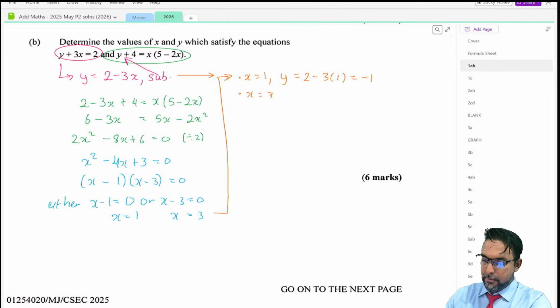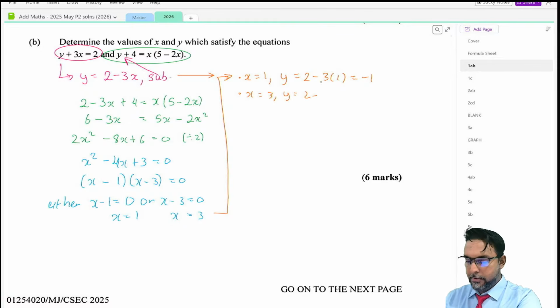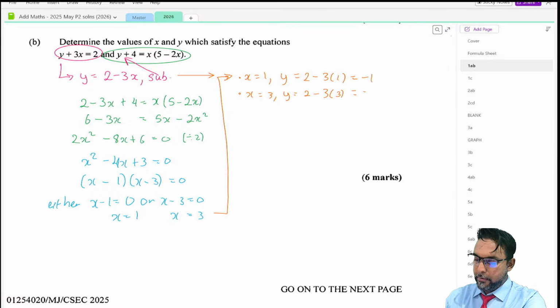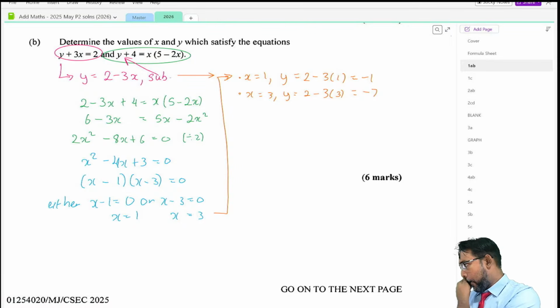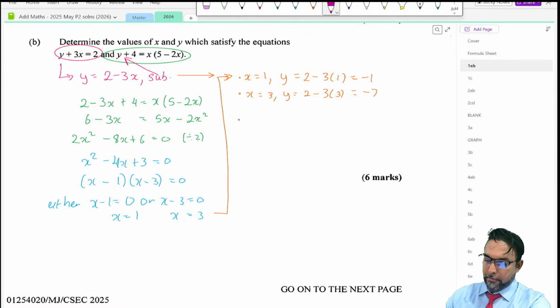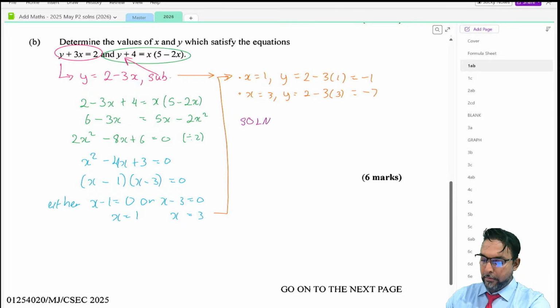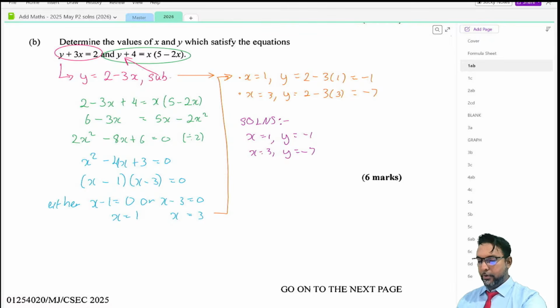And when x is equal to 3, y is equal to 2 minus 3 by 3, which is minus 7. Okay, so your solutions are: when x is equal to 1, y is equal to minus 1, and when x is equal to 3, y is equal to minus 7. We okay with that one?